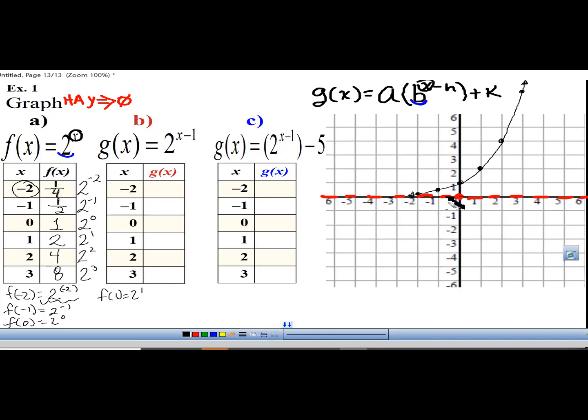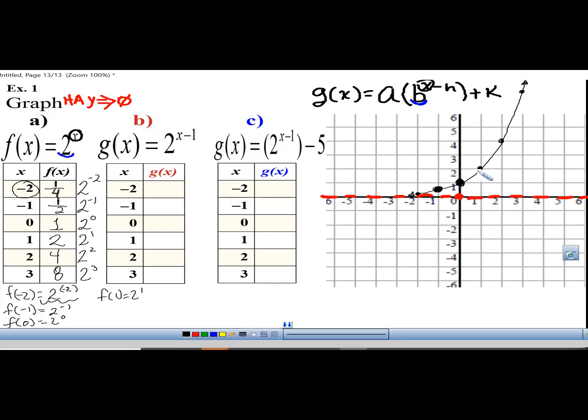Now, for the purpose of this activity, now that you know what the parent function looks like, I want us to focus on 3 points. Go to your graph, and go to the point -1, 1/2, and make it a little bit bolder. 0, 1, make that bolder.